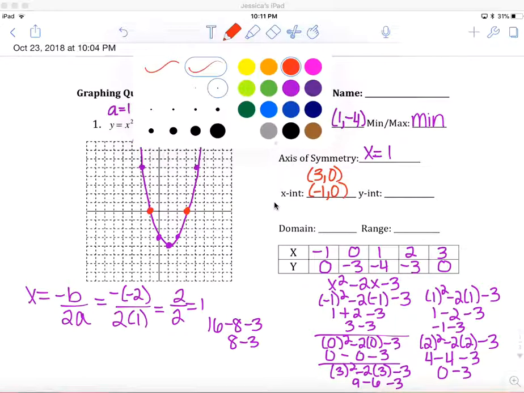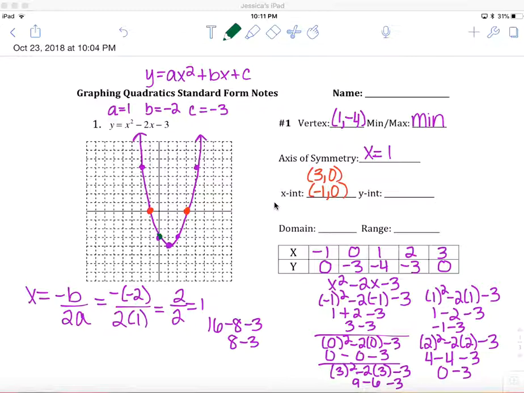My y-intercept is at 0, negative 3. It goes left and right forever, so my domain is all real numbers. And my range starts at negative 4 and moves up forever, meaning y is greater than or equal to negative 4.